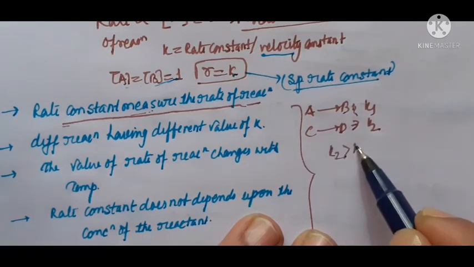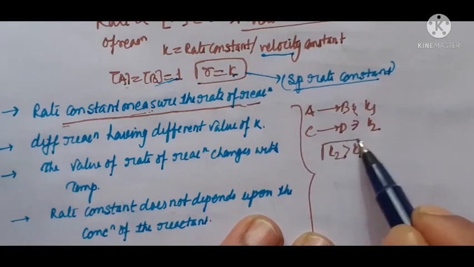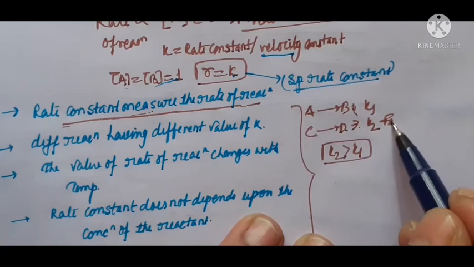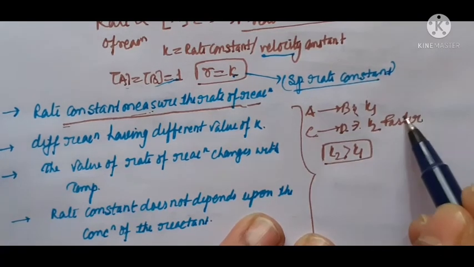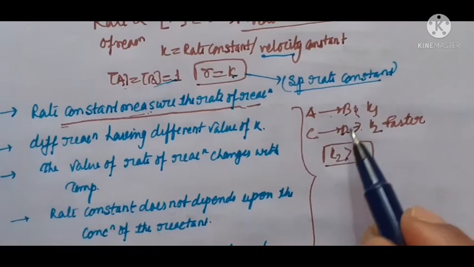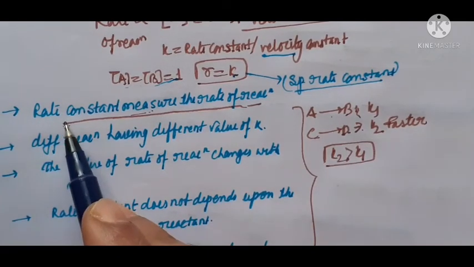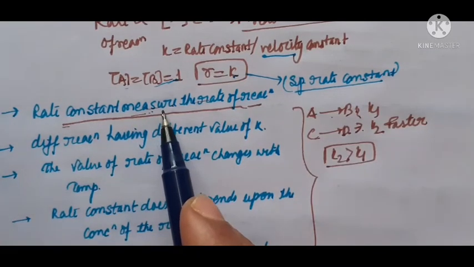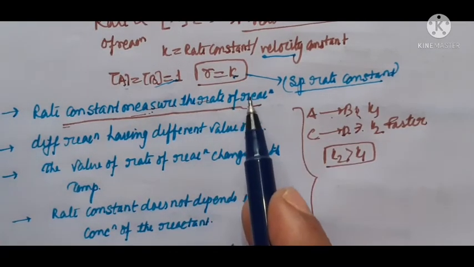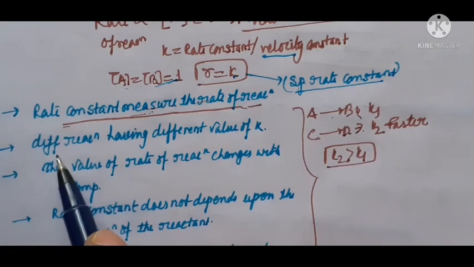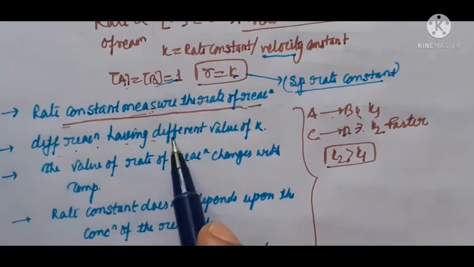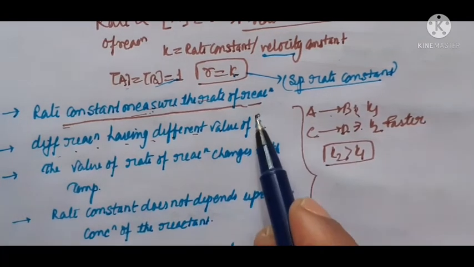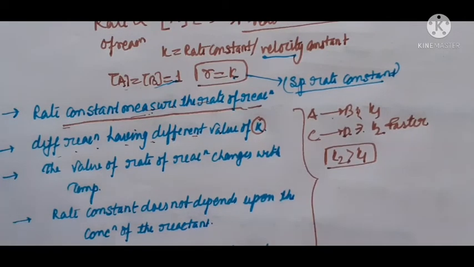If K2 is greater than K1, then we can say that the second reaction is faster as compared to the reaction A transformed into B. So this concept is quite clear: the higher the value of rate constant, the higher the rate of reaction. Different reactions have different values of K. If the reactions are different, then their K values will also be different.